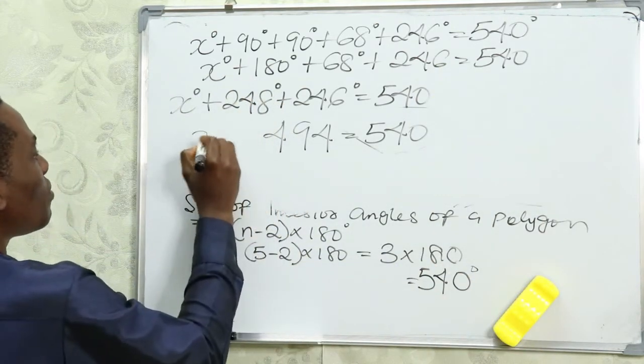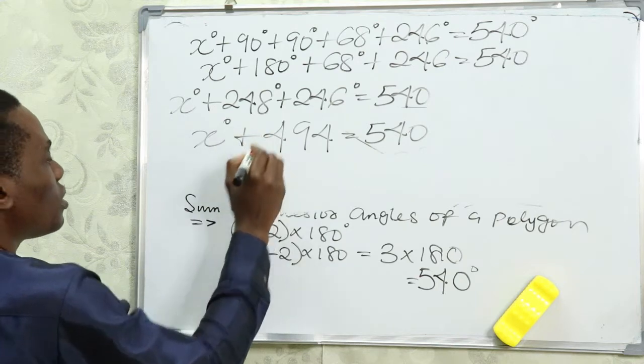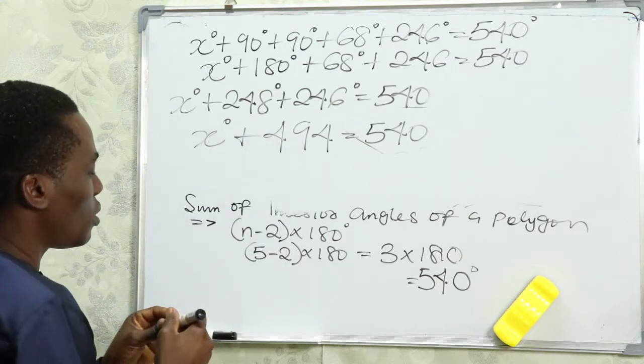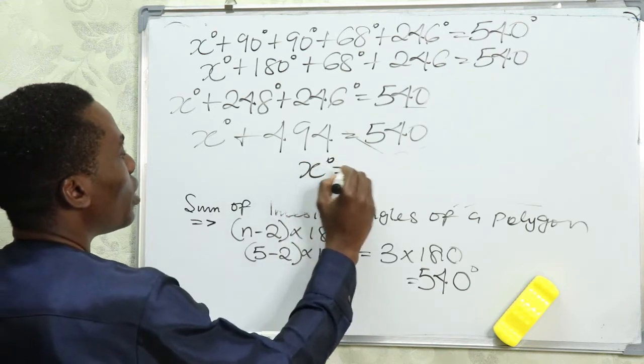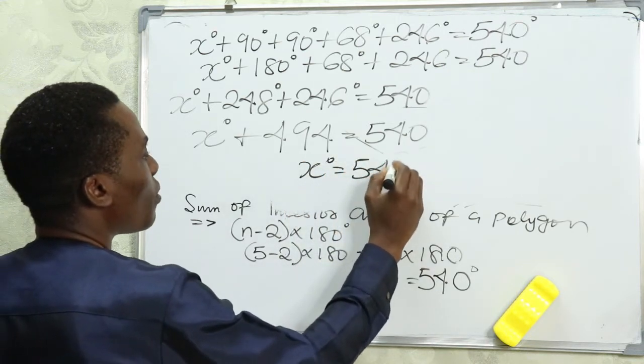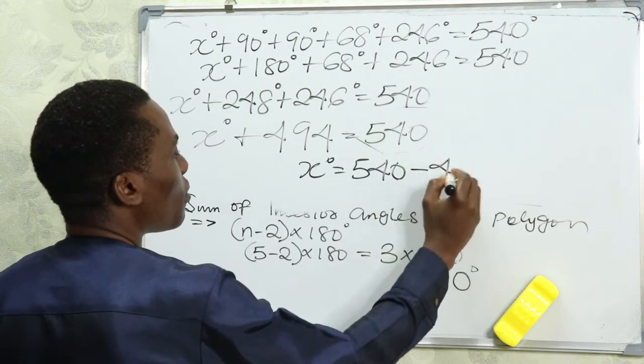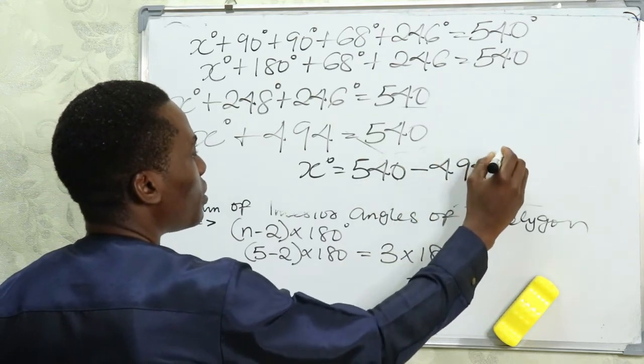So we are going to have x degrees plus this to be equal to this. So x degrees will be equal to 540 minus 494 degrees.